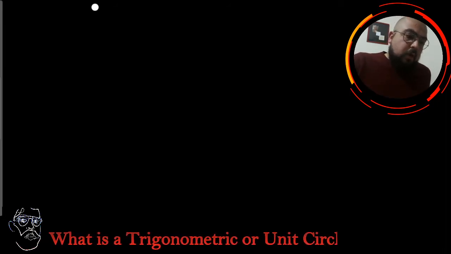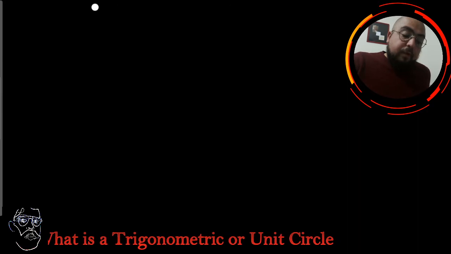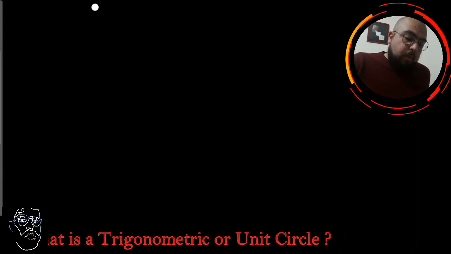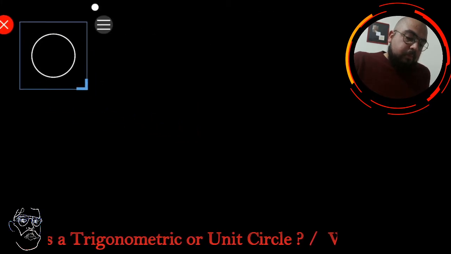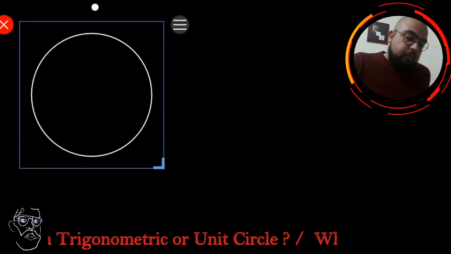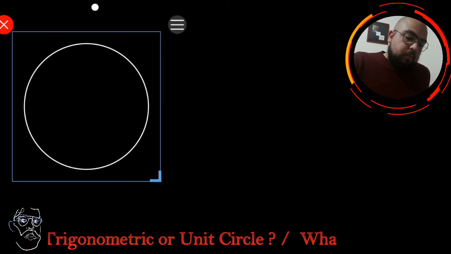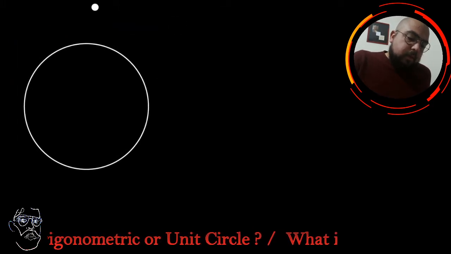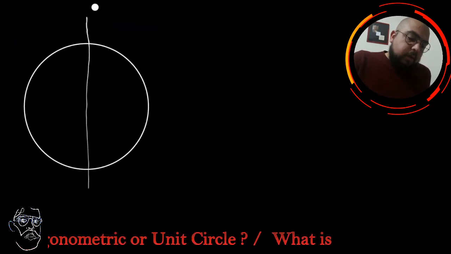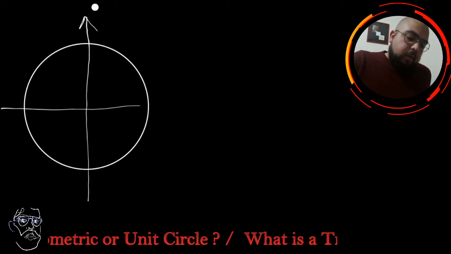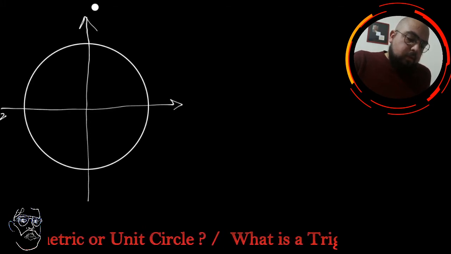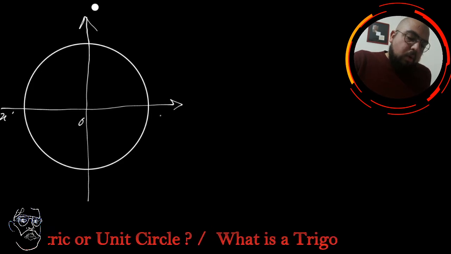So let's first start by defining and talking about this circle, the unit circle. It's a circle which is defined in the Cartesian plane, x prime or x, y prime or y.